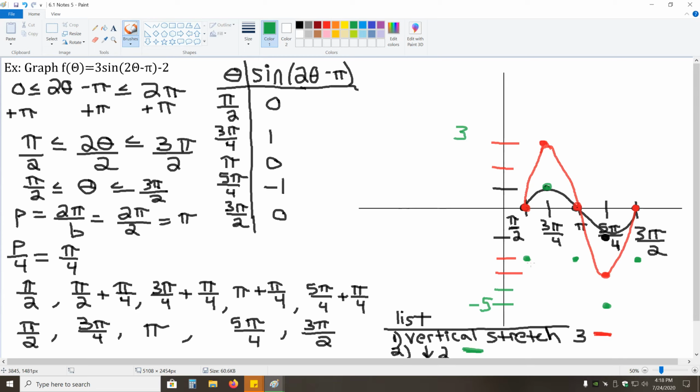So connecting our dots, we get a final graph that looks like this. And we always want to make note which one is the final graph, so we'll call this f of theta. And this graph in green is what f of theta equals 3 sine of 2 theta minus pi, all minus 2, looks like.